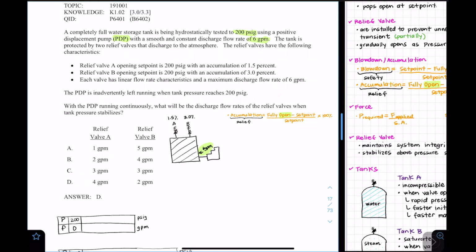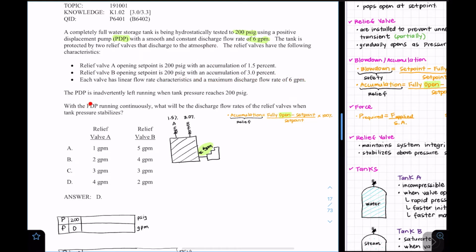That means that this valve, when it's fully open, is going to be fully open at a lower pressure than this one. This one requires more accumulation, meaning it's going to require more pressure to be fully open.